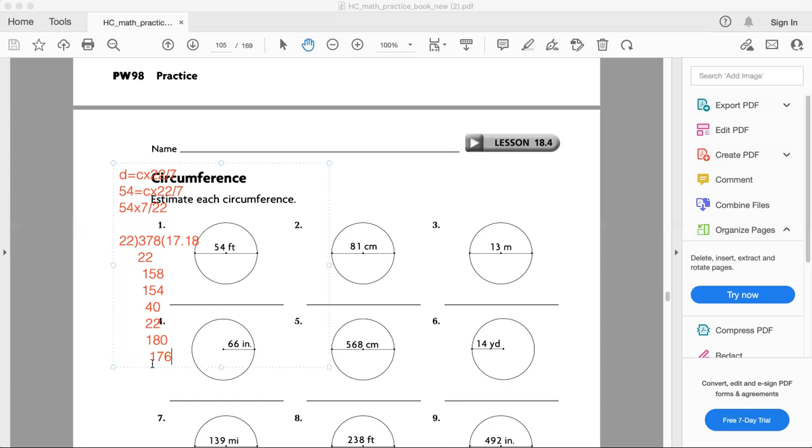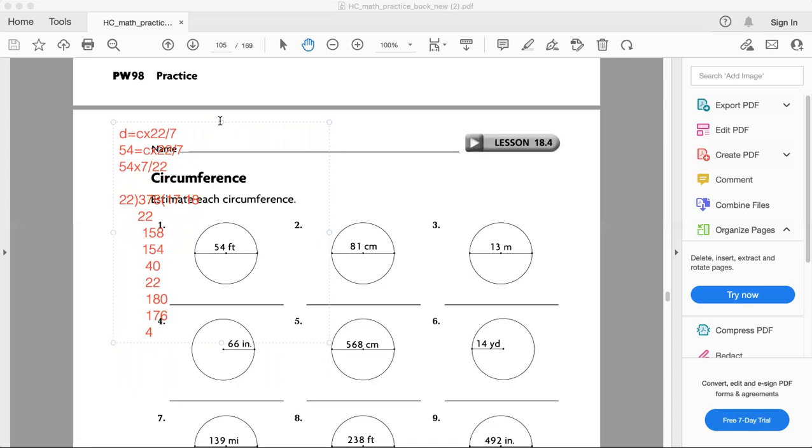So the answer is 17.18. Excellent, Tuhin. Tuhin, beta, can you do me a favor? Can you please explain this number 1 to Devanshu? Yes, ma'am.